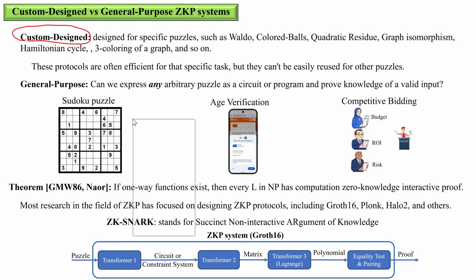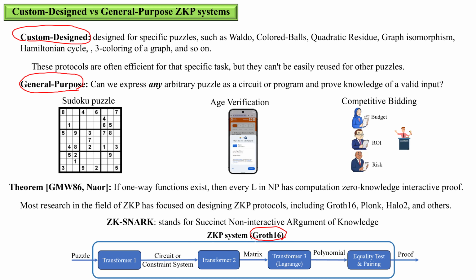But later we mentioned that there are some general-purpose systems that can manage all the puzzles, right? For instance, you can prove that you know the correct answer of a Sudoku puzzle. And then we claimed that we can use Groth16, right? Yeah, we finally did this because we designed a general-purpose system, right?